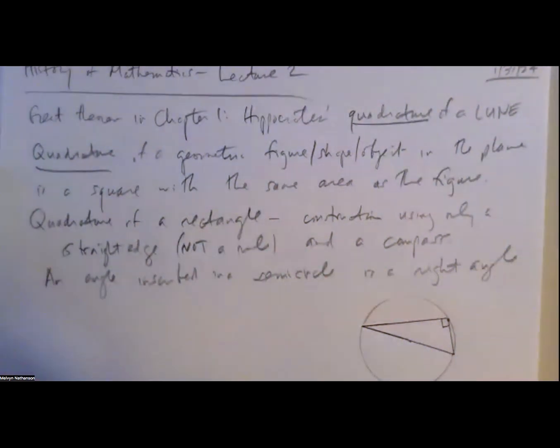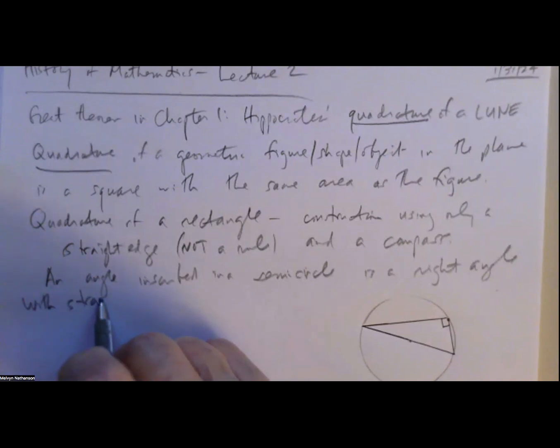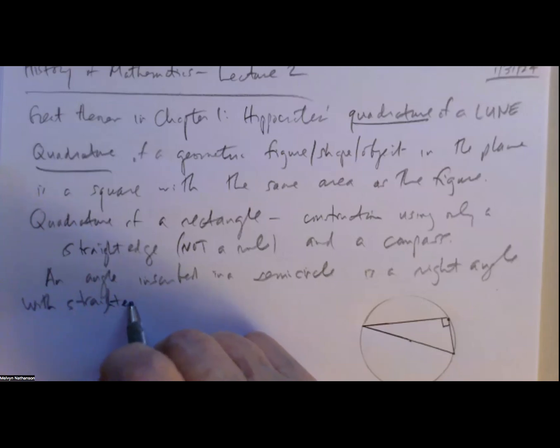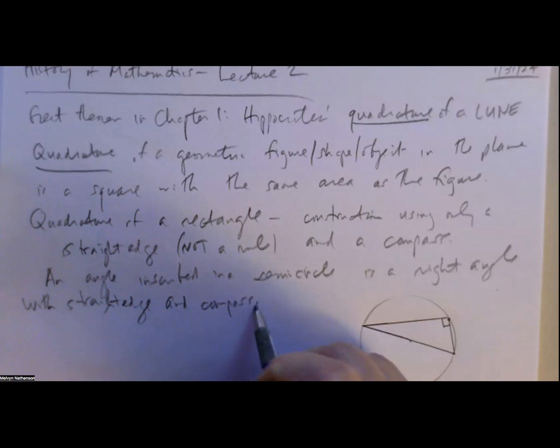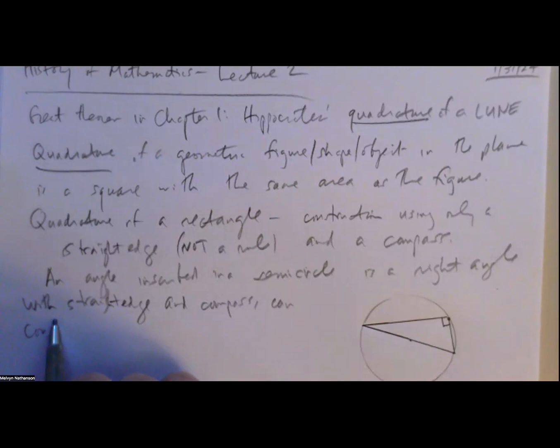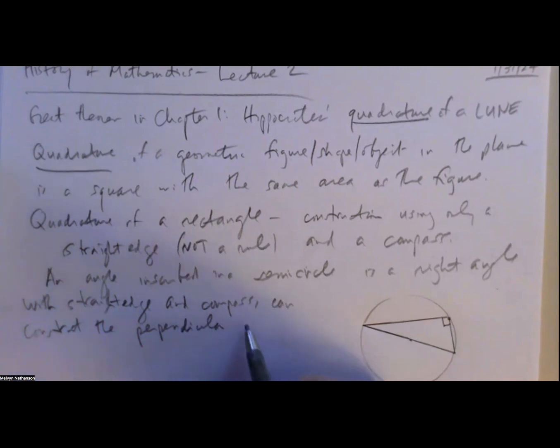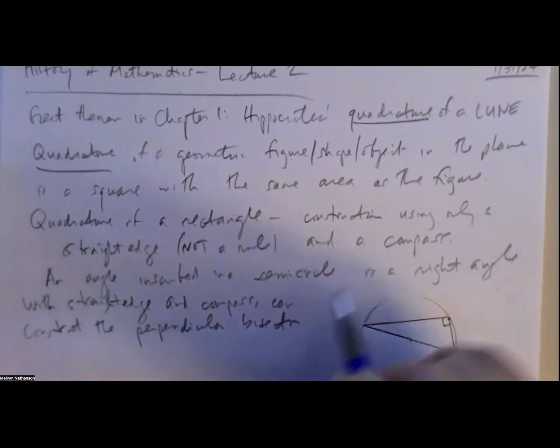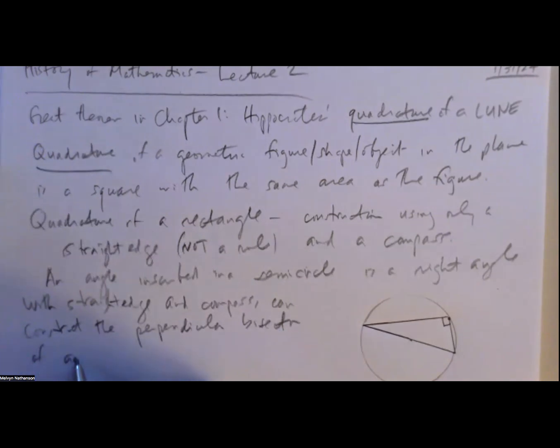A second fact that we need is that with a straight edge and the compass, we can construct the perpendicular bisector of any line segment.